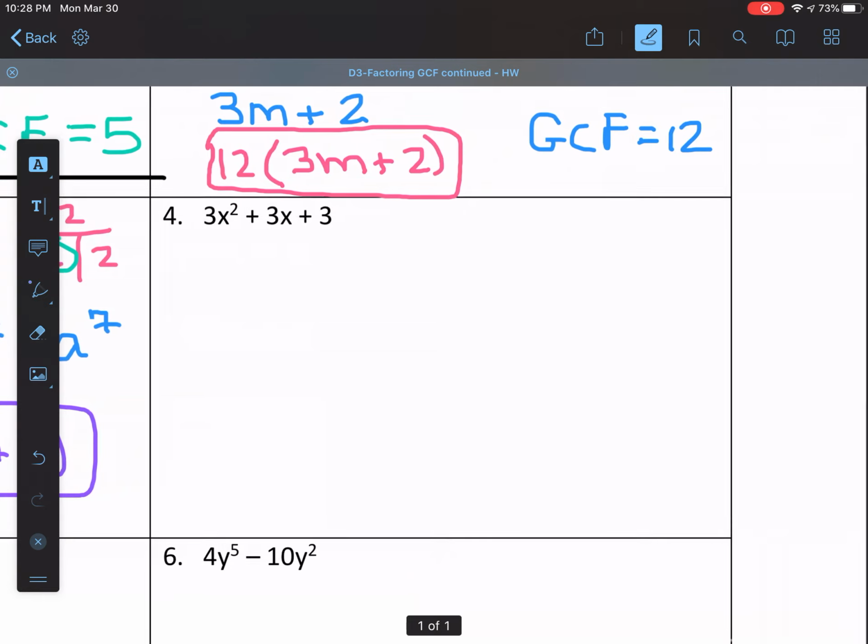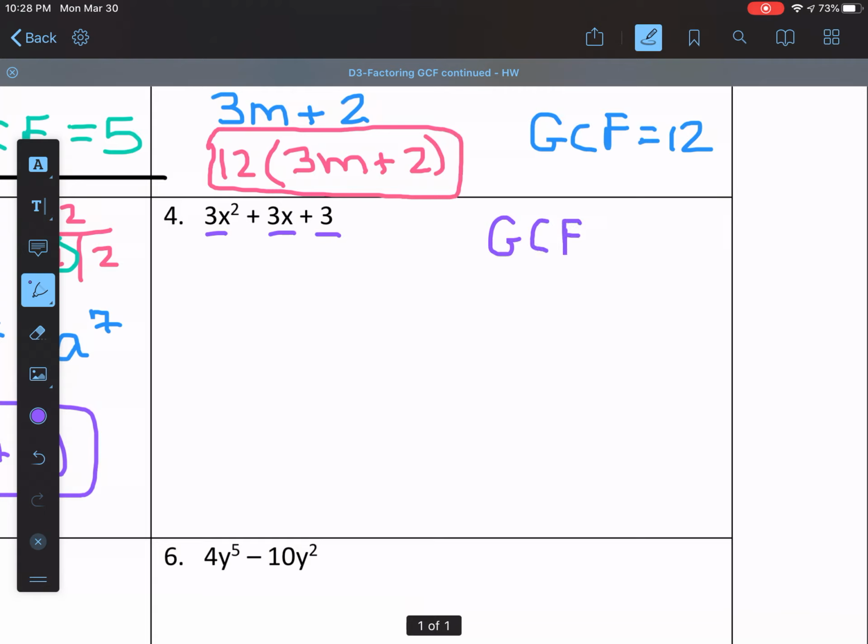Okay? Now this one, we really don't even need to do a whole lot because you can kind of see just by looking at the 3 values that the number they obviously have in common is going to be 3. Now, you might ask yourself, well, should I be putting an x with that? Well, if you look carefully, you'll notice that only the first 2 pieces have x's.